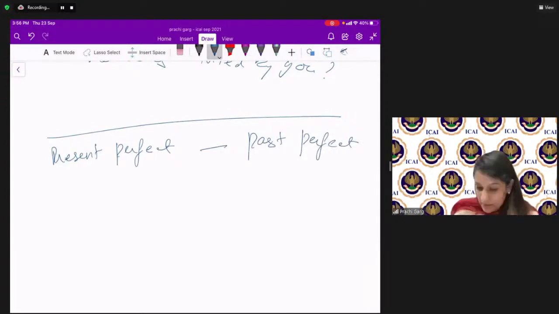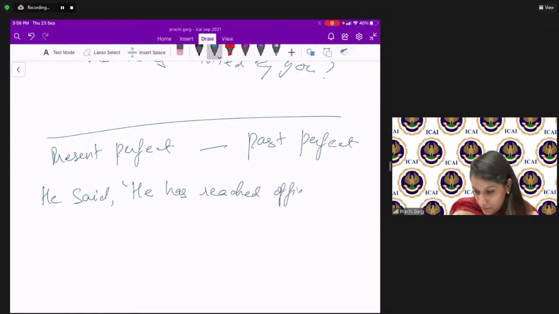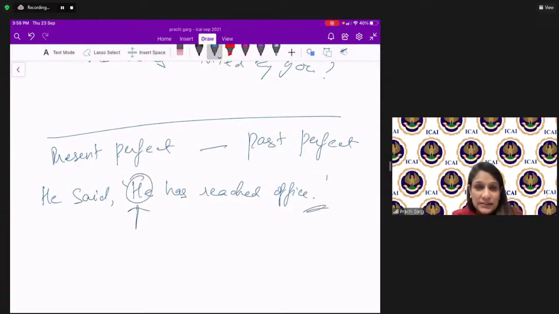Okay, so the example is, he said, he has reached office. He has reached office. So this is the present perfect. Now, also notice this thing, within the quotes you always start from a capital letter and you end with a full stop or any punctuation, question mark, exclamatory mark, anything as per the statement, but you always start from a capital letter and end with a punctuation mark.